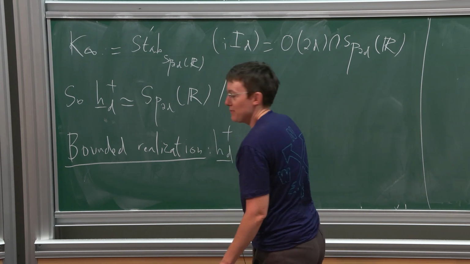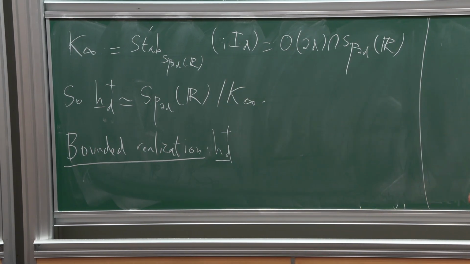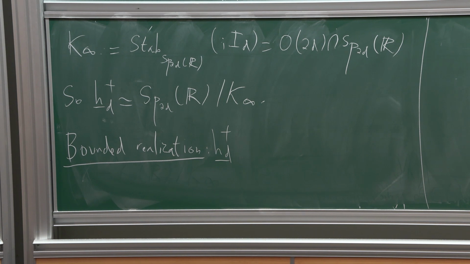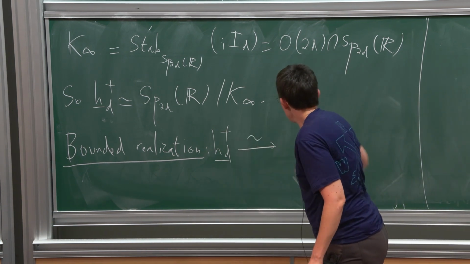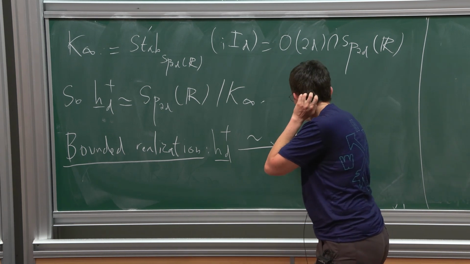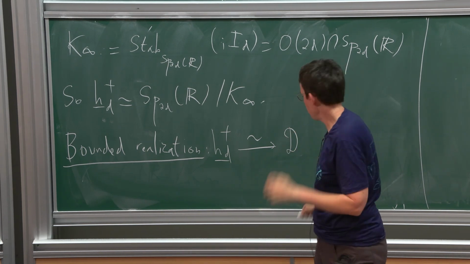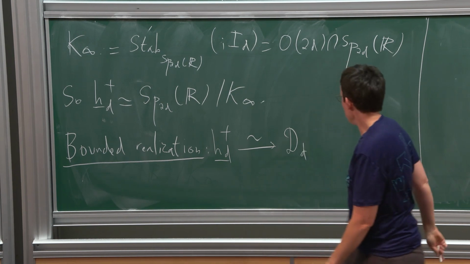And why are we doing that? Because on bounded domains in C vector spaces, we have what is called the Bergman metric. So this is isomorphic to what I'm going to call D of d.